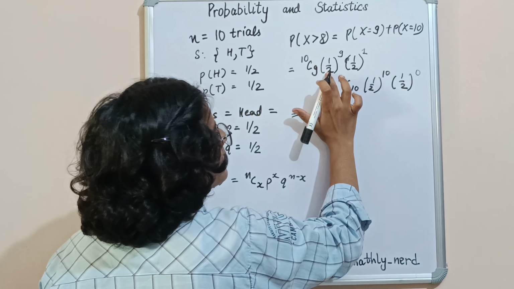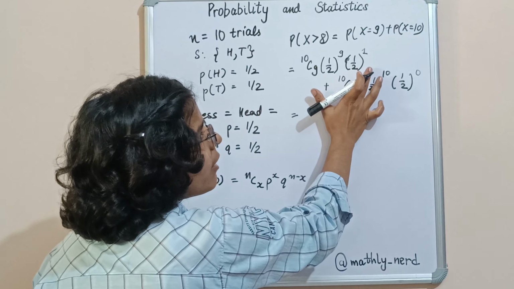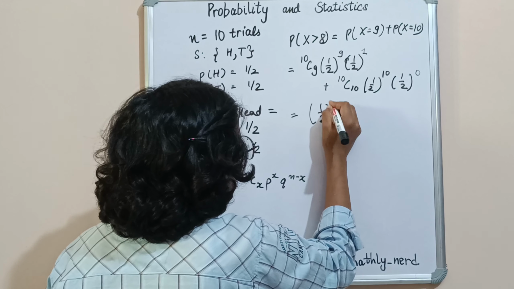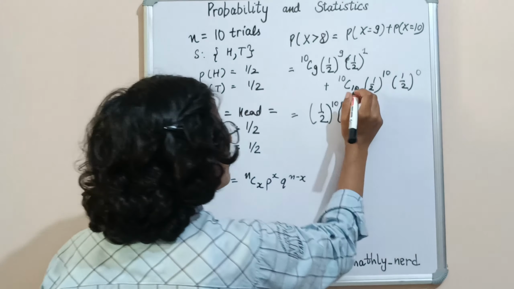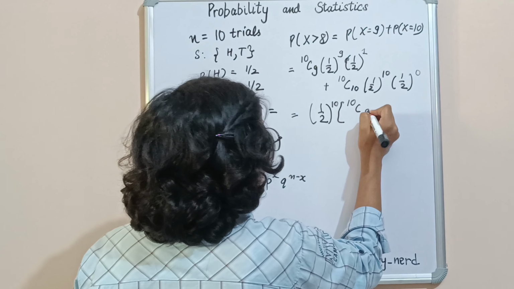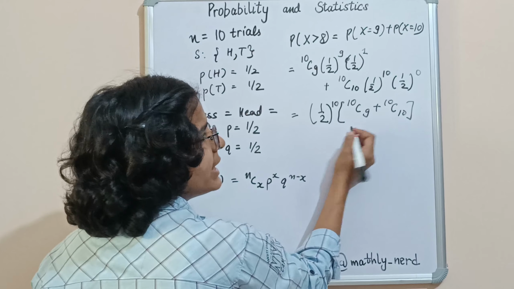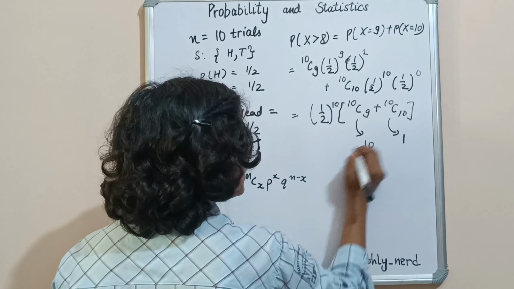Now 1 by 2 to the power 9 multiplied by 1 by 2 to the power 1, this will be 1 by 2 to the power 10. So we will take 1 by 2 to the power 10 common from both of these terms, then we will get 10C9 plus 10C10. As we know, 10C9 is 10 and 10C10 is 1.